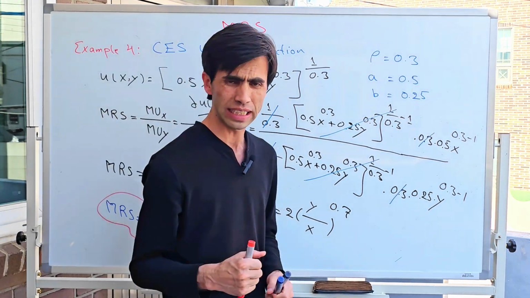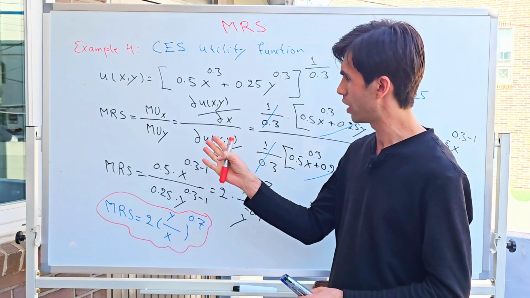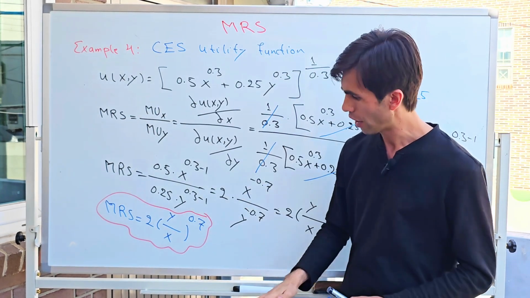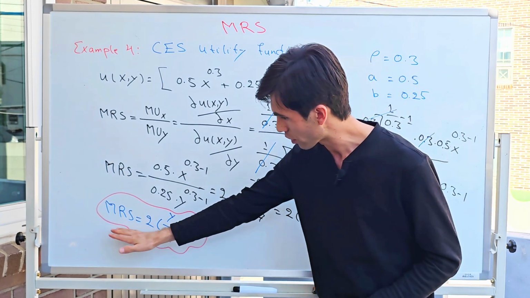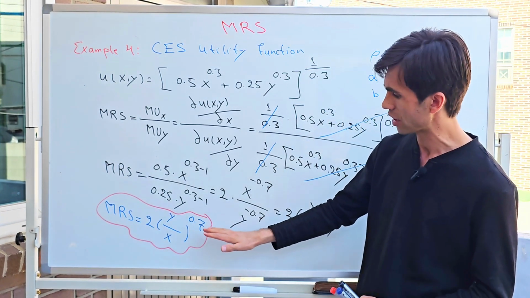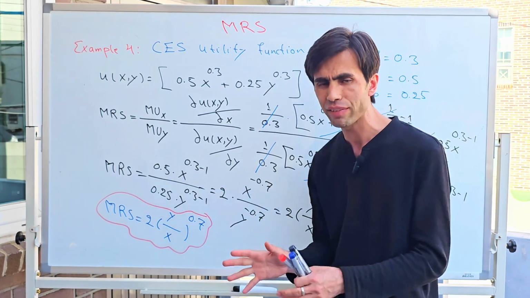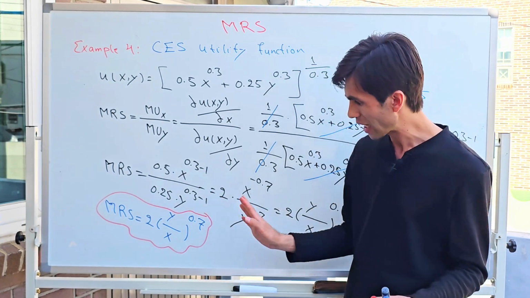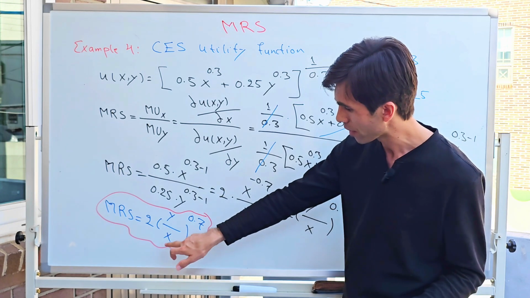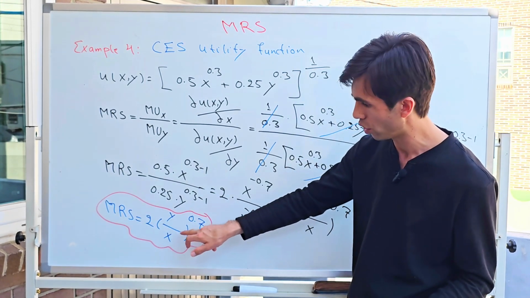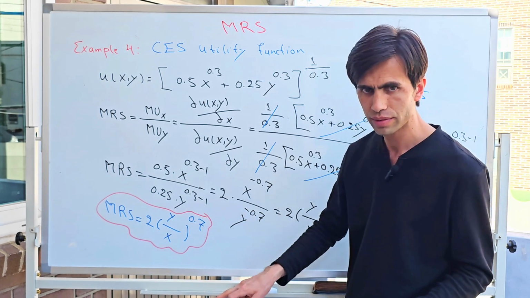As we said in the last video, the marginal rate of substitution for the CES utility function depends on how many x and y we already have in our consumption bundle. As you see here again, the marginal rate of substitution value contains y and x.